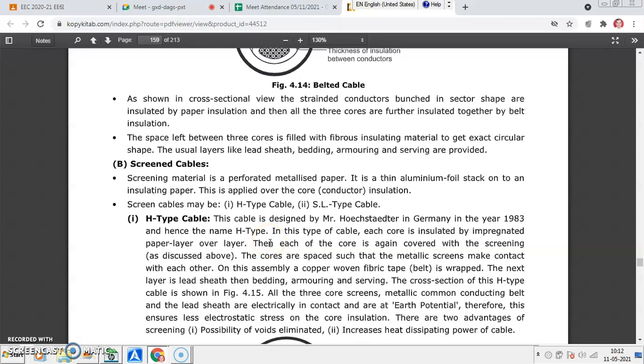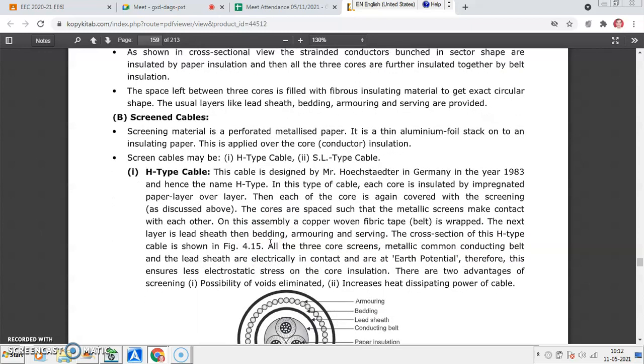Then for high voltage you have the screened cable. For screened cable, the preferred material is metallized paper, especially thin aluminum foil stuck on insulating paper. So these are the particular papers applied over the conductor as insulation. Screened cable may be S-type or SL-type cable.